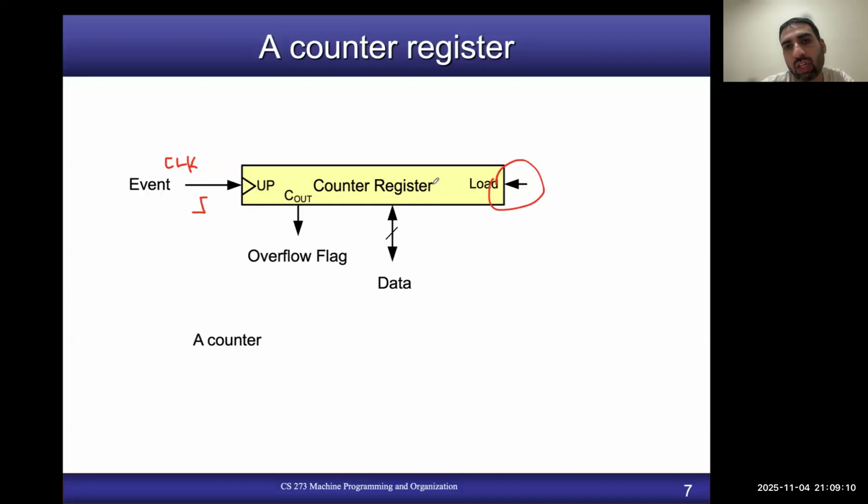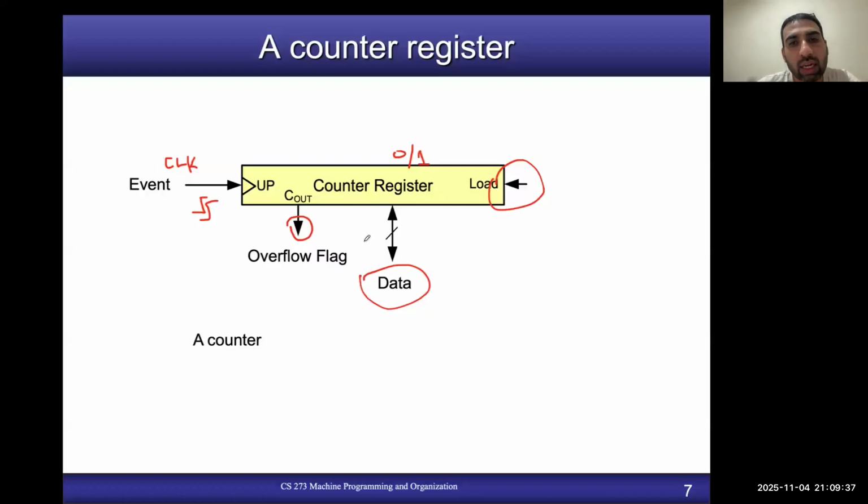So let's say we loaded 0 into this. Whenever there is a transition on the input signal, the value will be incremented by 1. And you can also read out that value. Here you can read out the value.